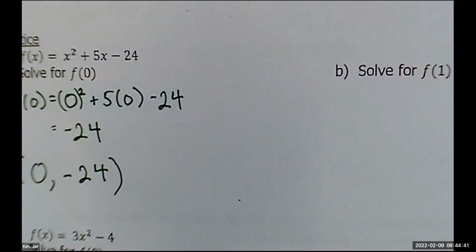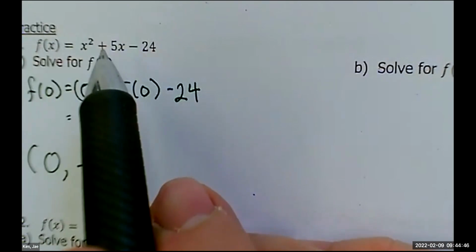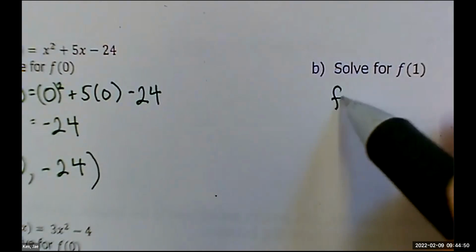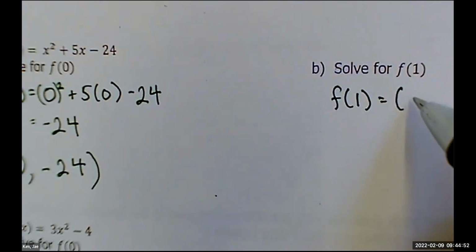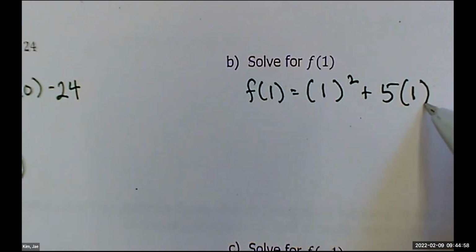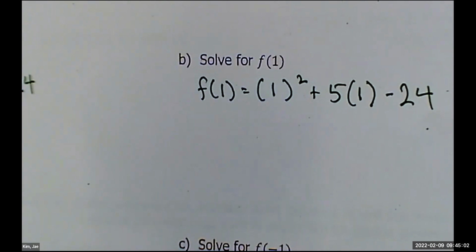The next question says solve for f of 1. Remember, f of x is x squared plus 5x minus 24. So f of 1 is x squared plus 5x minus 24.